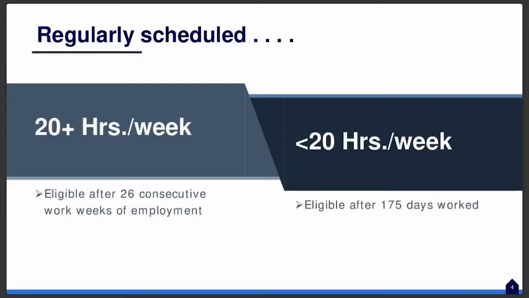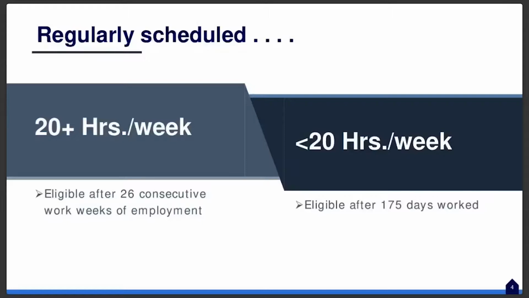Now, this eligibility doesn't start counting January 1st when the law takes effect. It goes backwards from that. So as of January 1st, anyone who's already been employed in that category for 26 weeks will become eligible. The folks that regularly work less than 20 hours per week become eligible after they've worked 175 days in a 52-week period.